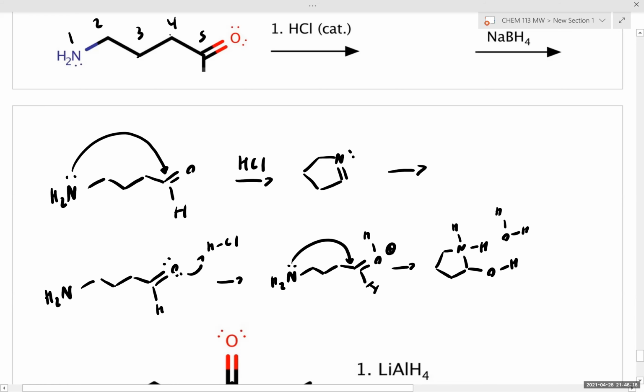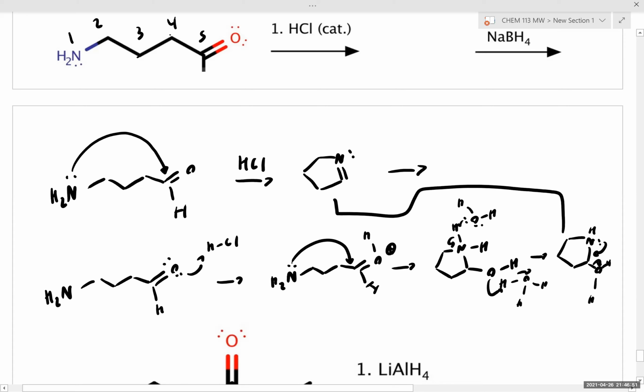And we'd have a series of proton transfers. Just to be clear, for these problems, you're not required to draw the mechanism. And now, once you have water as your leaving group, you can just kick out water, and that gives you the corresponding imine.